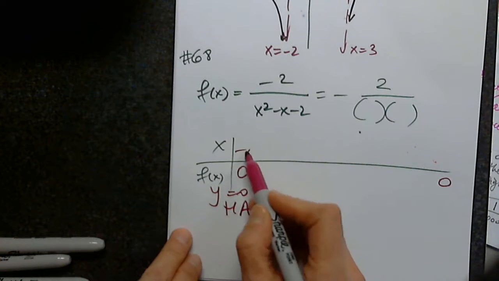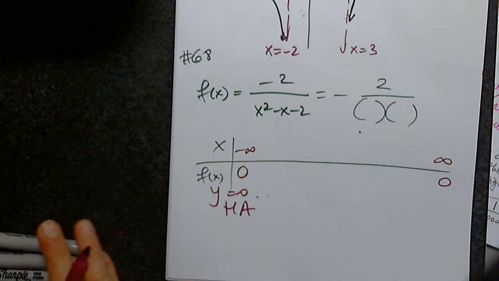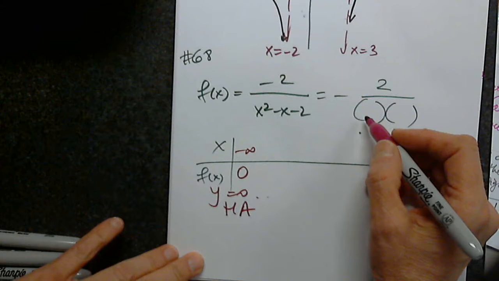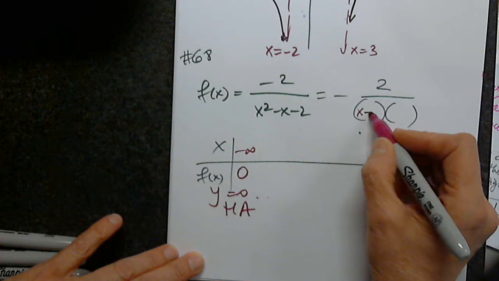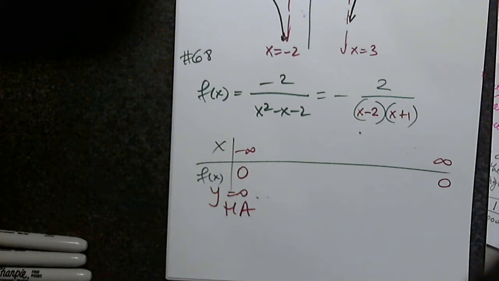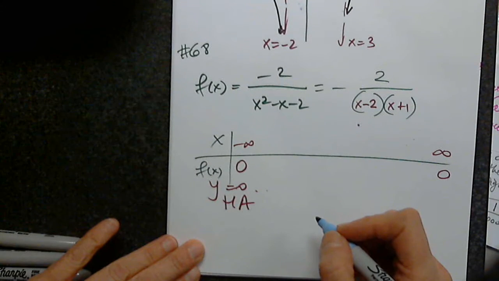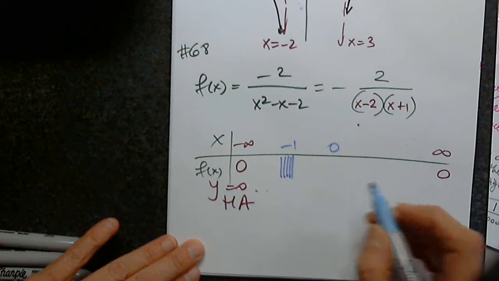So then, how do I factor x squared minus x minus 2? Correct. Now I know the domain. What is the domain? Careful. Negative 1 and 2.